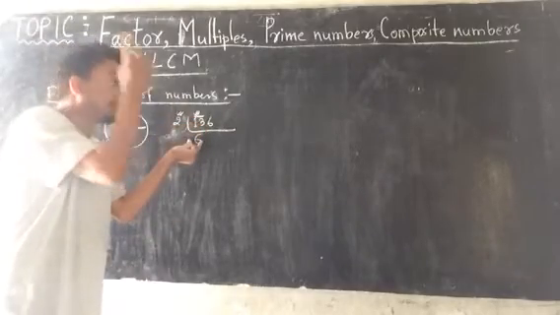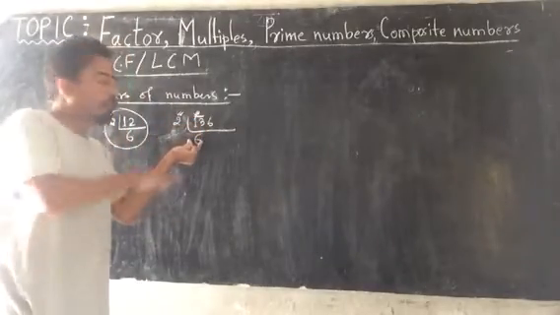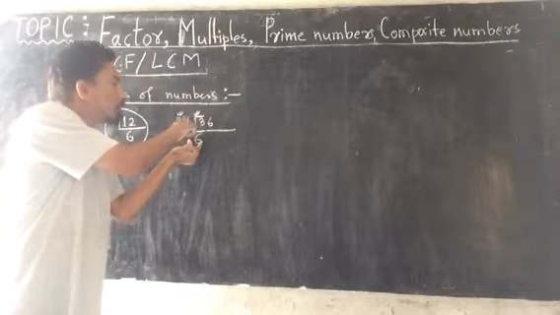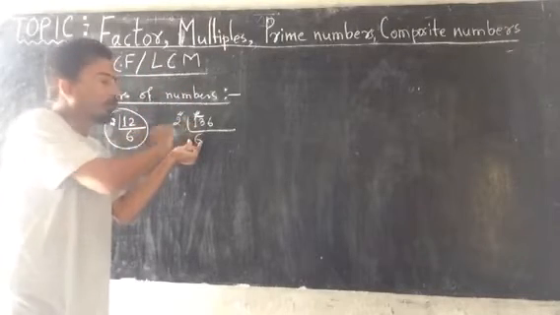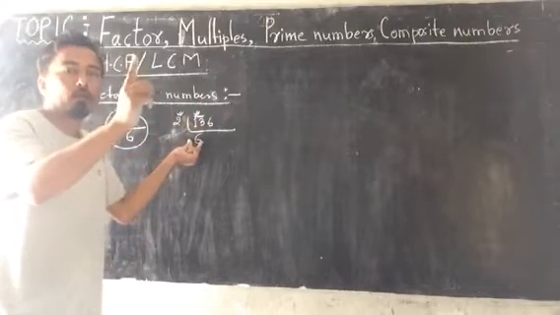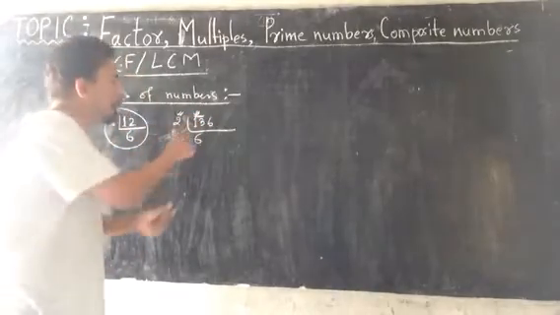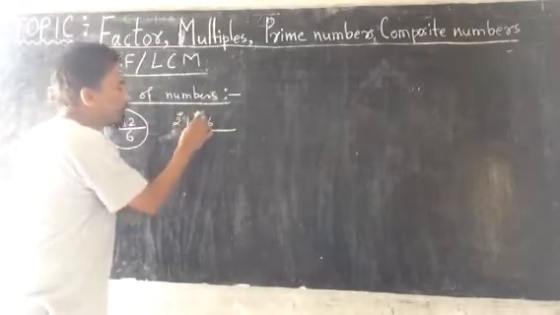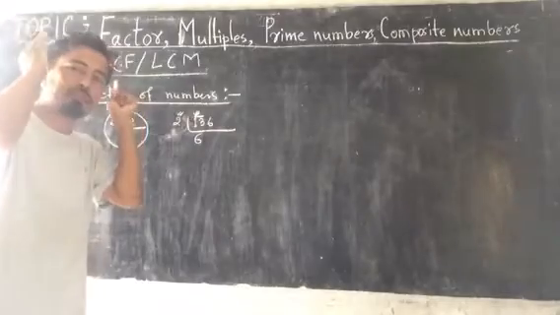Now from 13 you subtract 12 orally. If you subtract 12 from 13, what remainder will you get? 1. That remainder will be carried here. Everything you have to think in your mind.